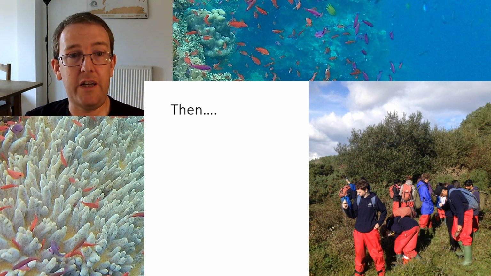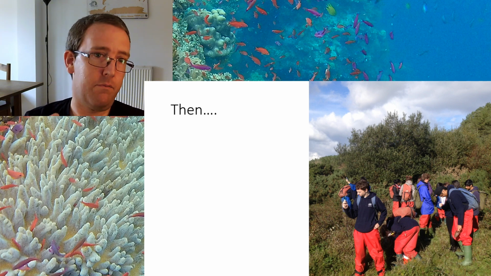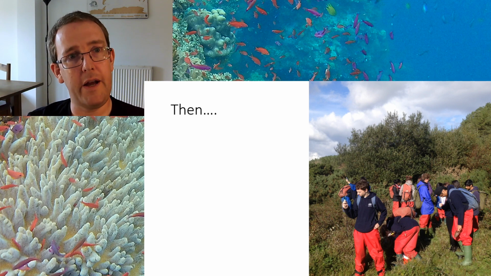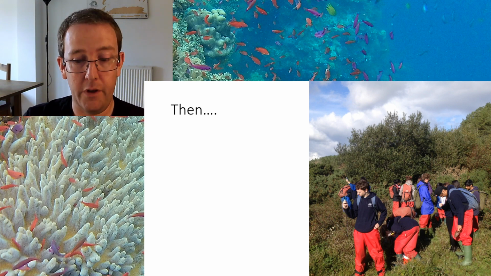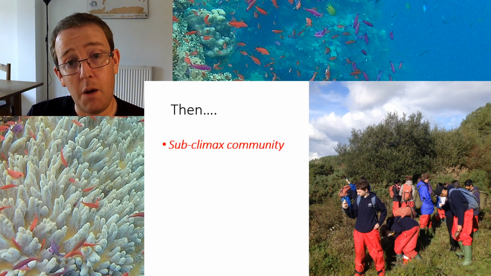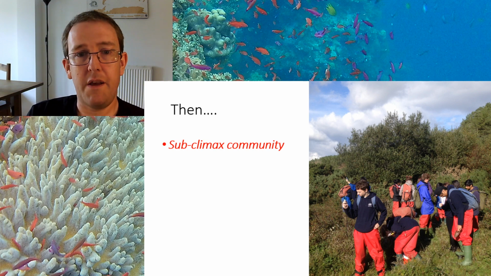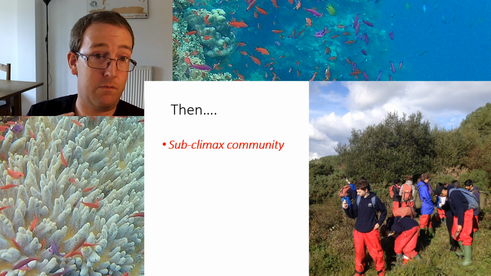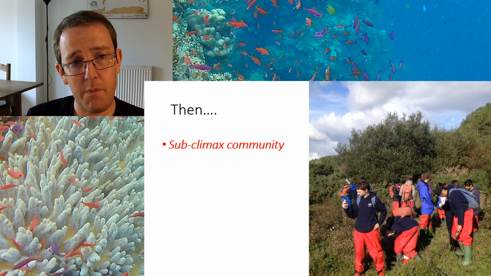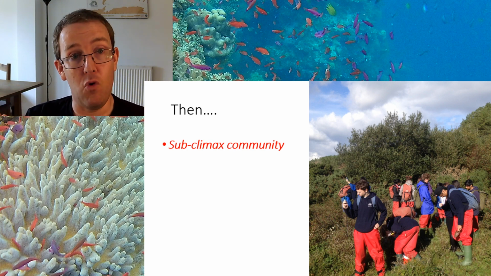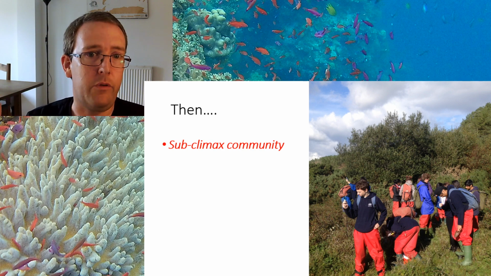Okay, and then eventually the bigger things like bushes, shrubs, all that kind of stuff are able to move in. That we call a subclimax community. So the definition of a subclimax community, in the UK, is shrubs, woody plants. It's the community you get before you then get forest most of the time.